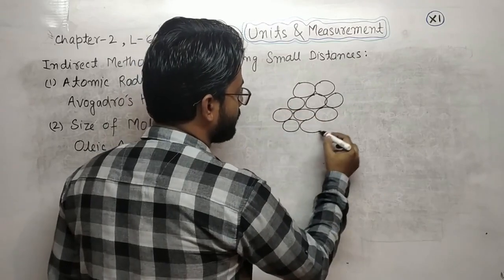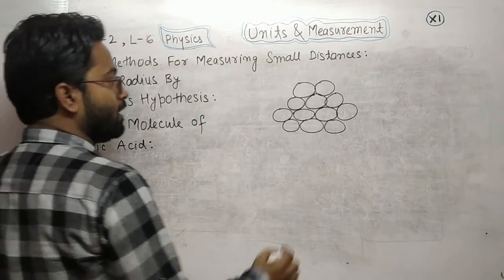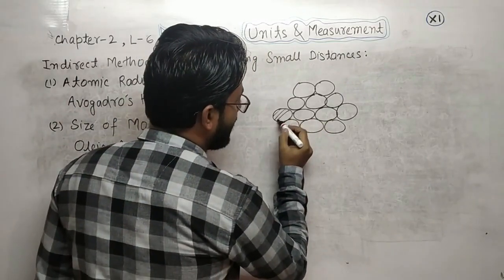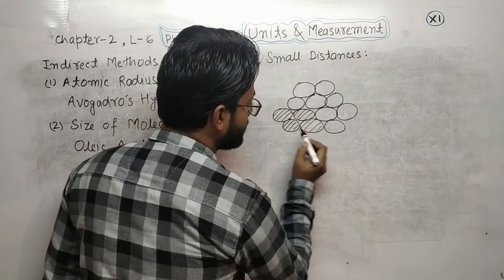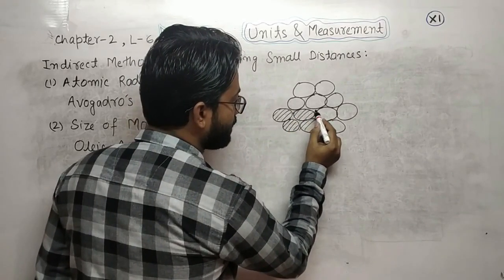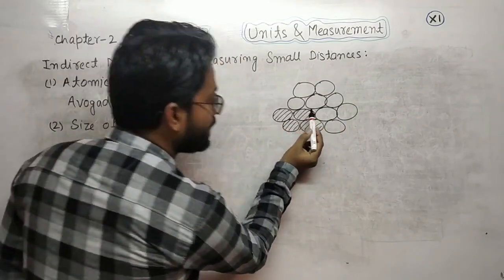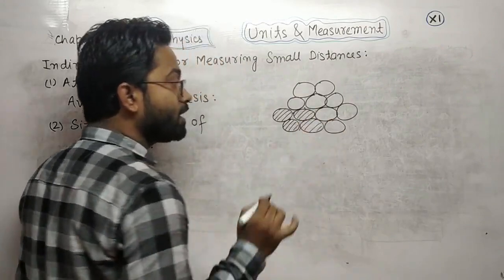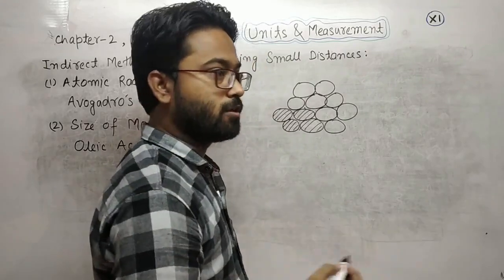In this way any substance is constructed. The mass of the substance is present only in that part, and some part is empty. No mass is present in between the atoms. That's the free space between the atoms. You can say that is void also.